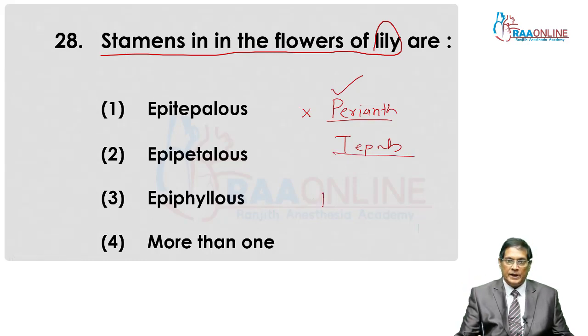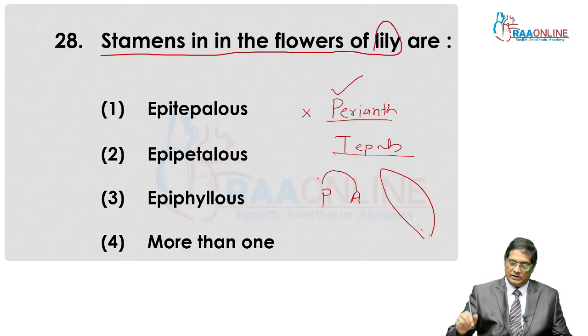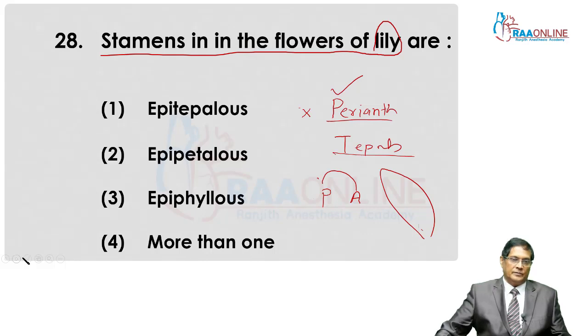If perianth and androecium show adhesion, that is, stamens fully or partially adhere to the tepals. This is the tepal, and this is a stamen.